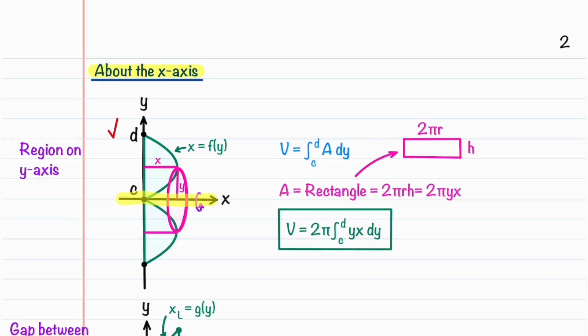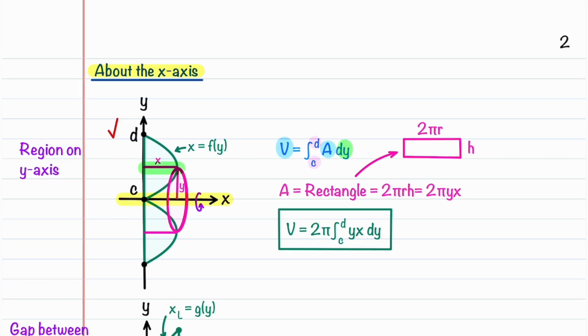If we rotate this region about the x-axis, we get a solid of revolution that has cylindrical cross-sections. Just like before, the volume of this solid of revolution is equal to the integral of the cross-sectional area from c to d times dy. The reason that there is a dy is that the thickness of each cylindrical shell is equal to dy.